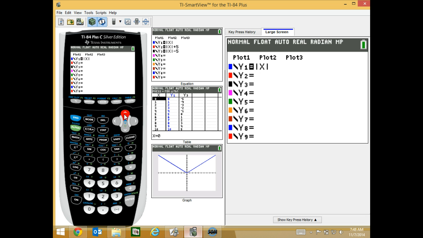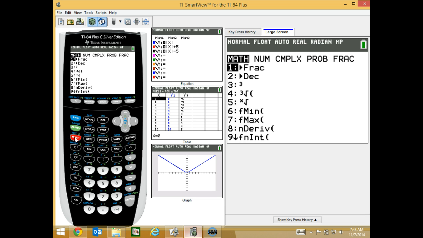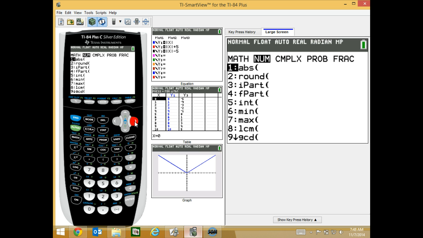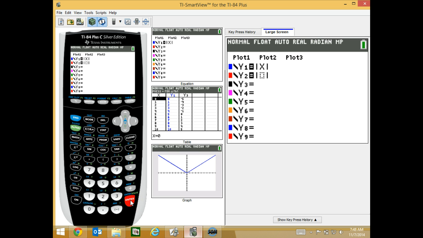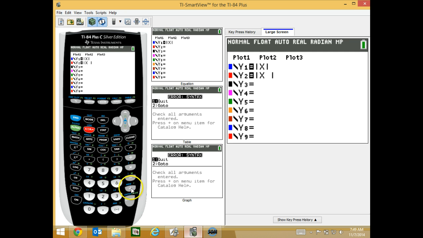So the first one, we're going to investigate what happens when we take that absolute value. Again, to call back the absolute value, we go to math, right arrow to number, and it's the first choice, absolute value. So we're going to put x plus 5 inside the absolute value.